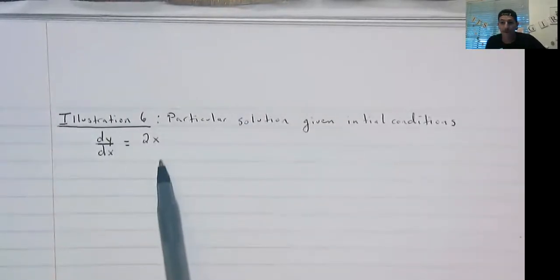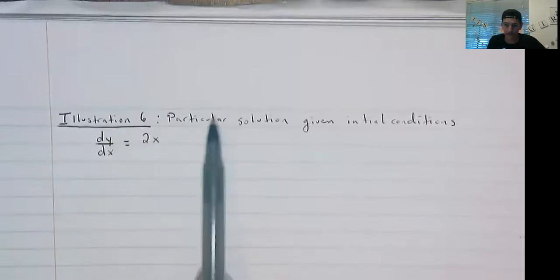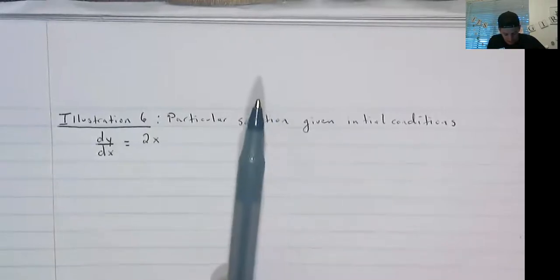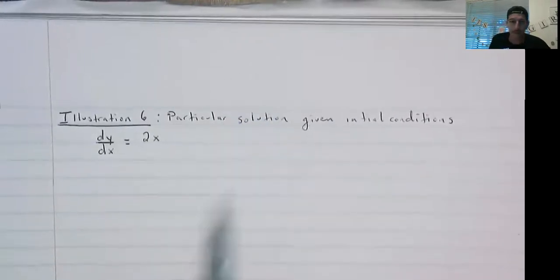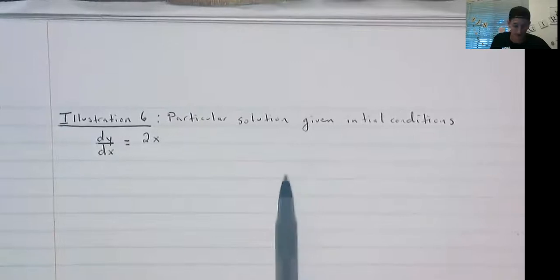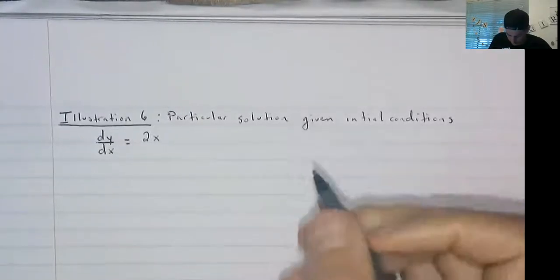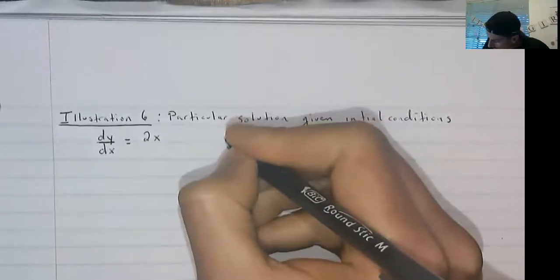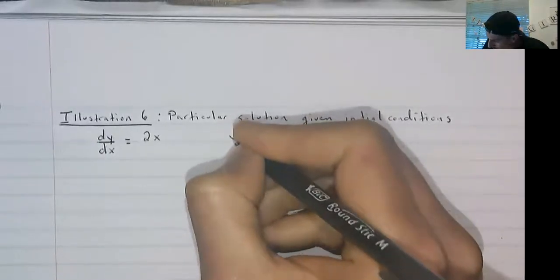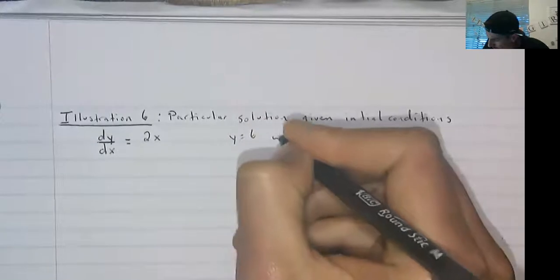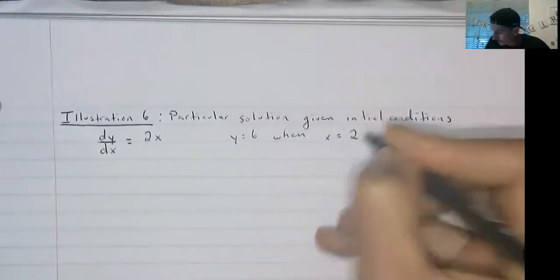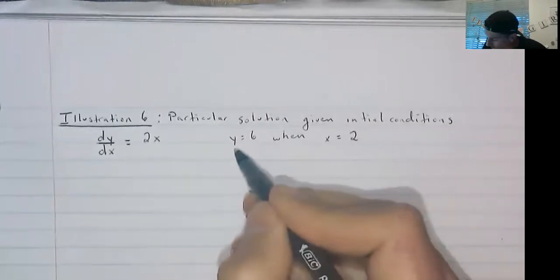What we could have done so far is just say the antiderivative of 2x is x squared. But we're going to do a little bit better than that, because we're also told that y is going to equal 6 when x equals 2. So these are our initial conditions.